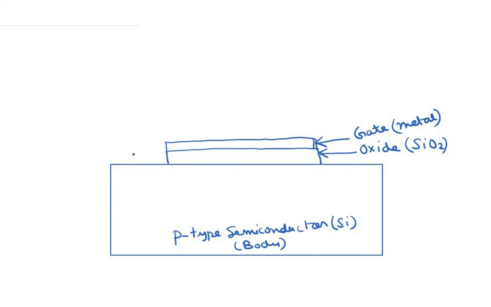Okay, and we have two N plus regions over here, which are known as the source and the drain respectively.